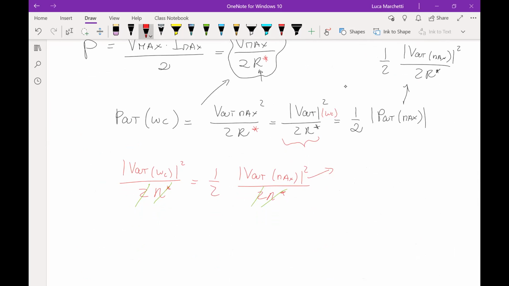So V out max is nothing else than the V in amplitude, okay? So this equation can be written as V out at omega c squared equals 1 divided by 2 times V in squared.